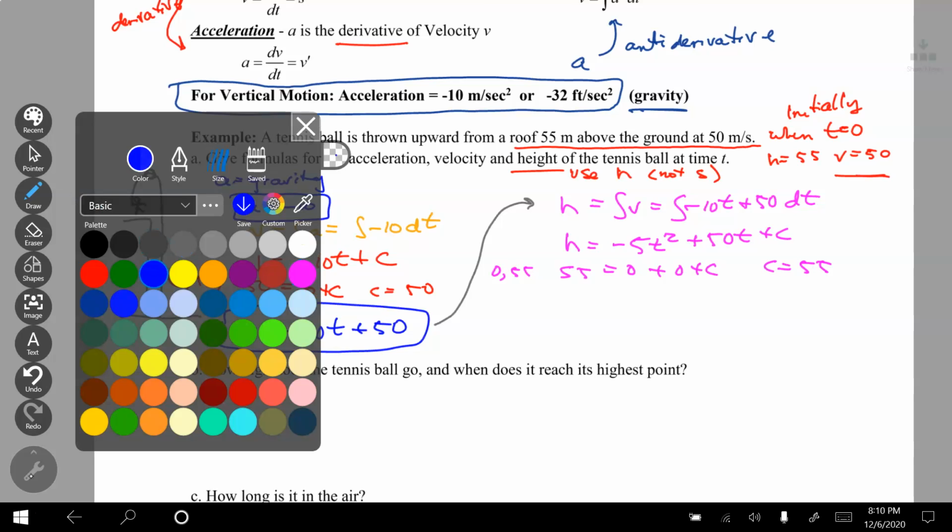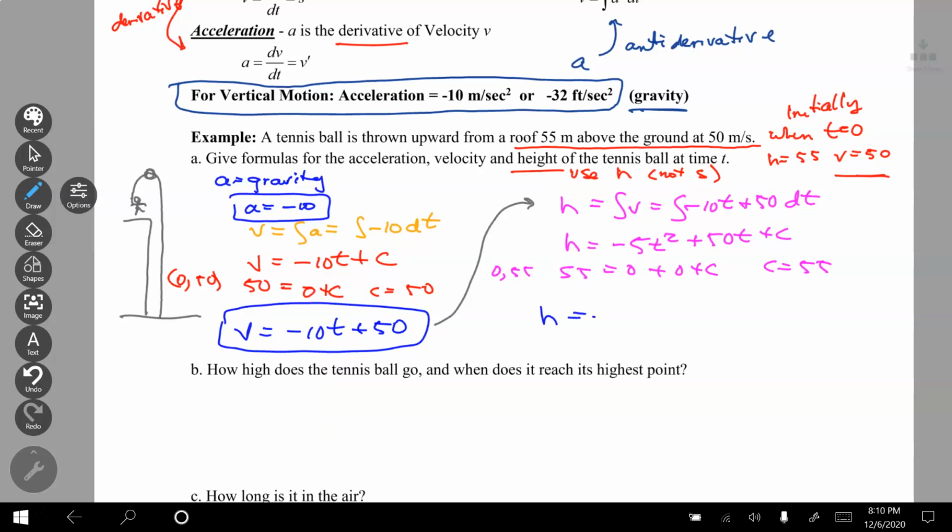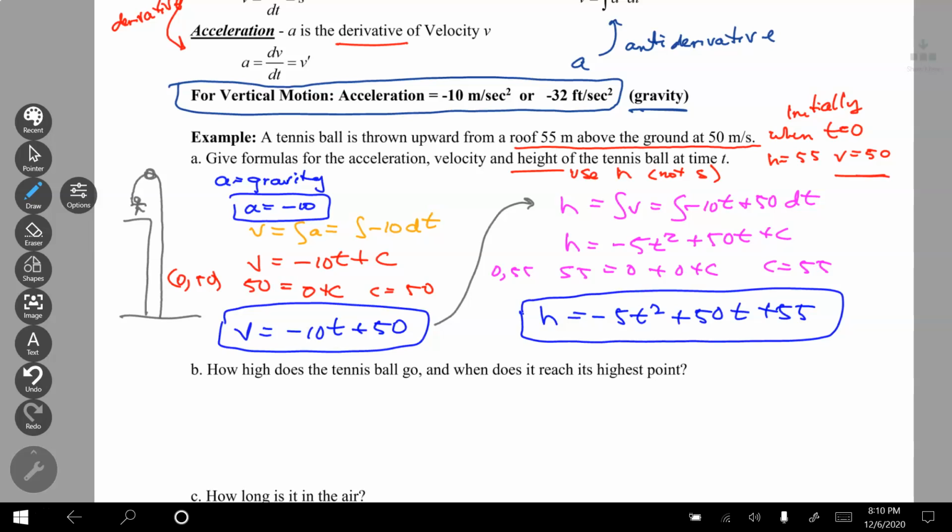My height equation is h equals negative 5t squared plus 50t plus 55. These are the equations of the acceleration on that tennis ball, the velocity, and the height.